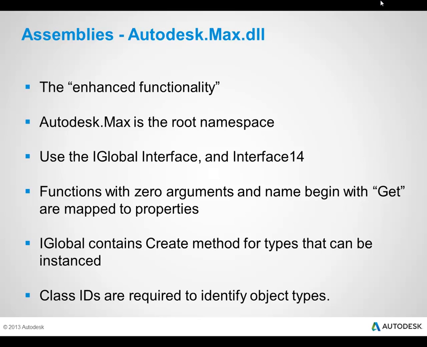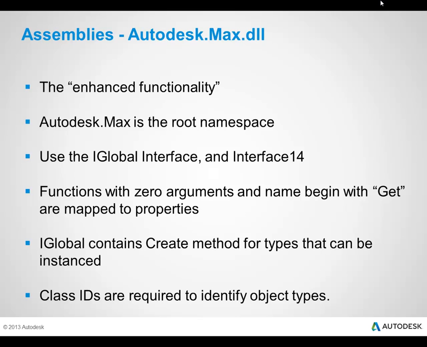So we provide these helper create functions that will construct the memory properly, and it sets it up for garbage collection and will not cause any problems with 3ds Max on the native side. So you have to remember that when you want to construct something, you'll have to look for the create methods for that type. So there's an IGlobal Point3 create method to create a Point3, for example.